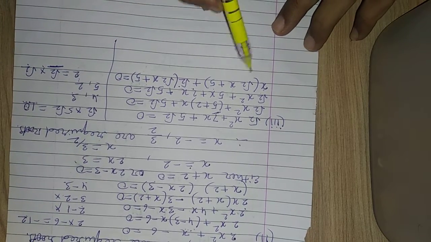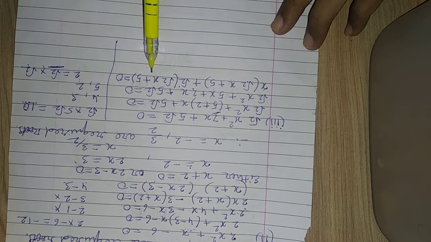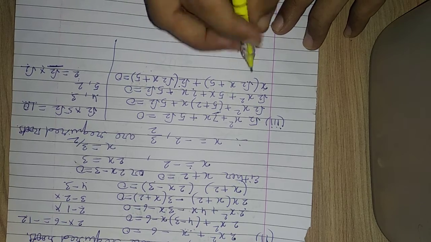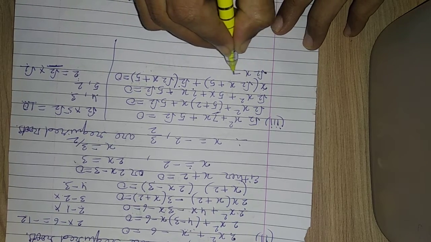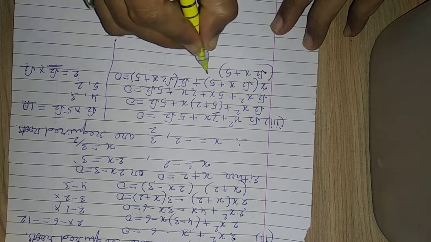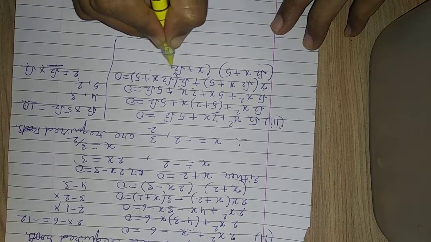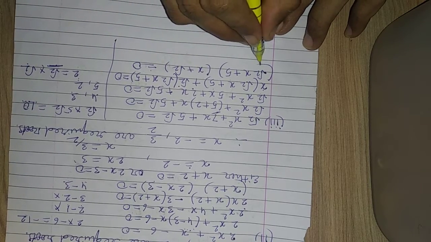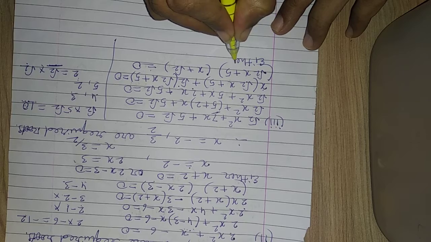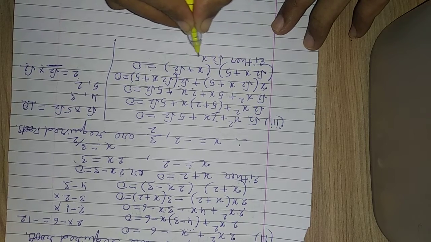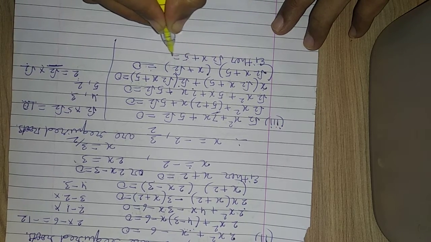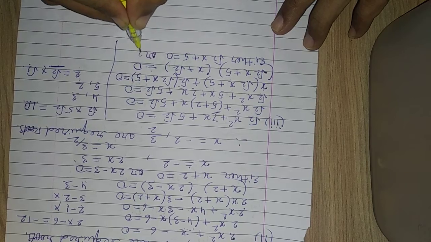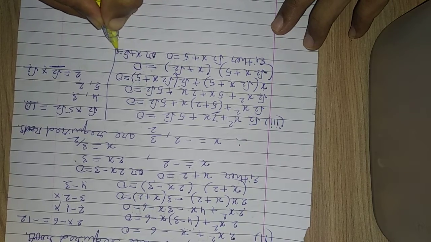Remember, when you take common, these two brackets must be same. So root 2x plus 5 x plus root 2 is equal to 0. So again, either root 2x plus 5 is equal to 0 or x plus root 2 is equal to 0.